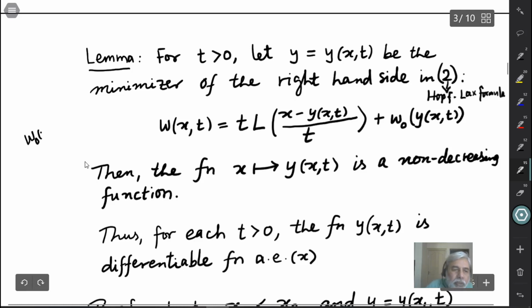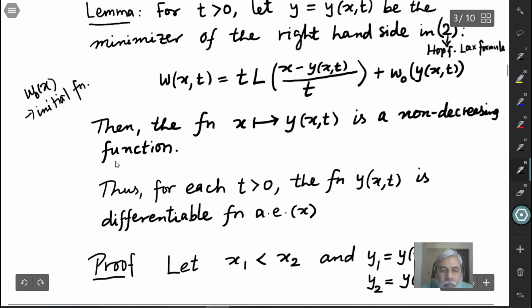So this w0 is, of course later on we are taking, this is the initial function. So this initial function we are going to connect to the initial function for the conservation law. Then the function x going to y(x,t) is a non-decreasing function.